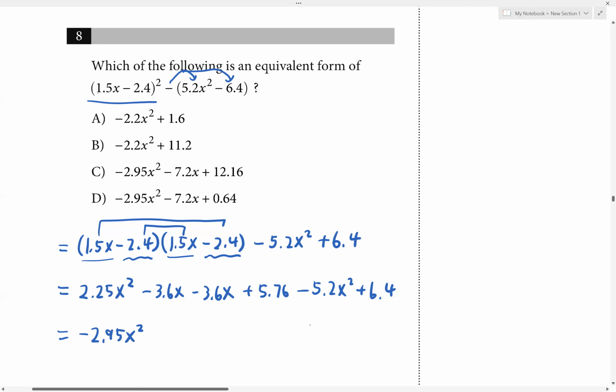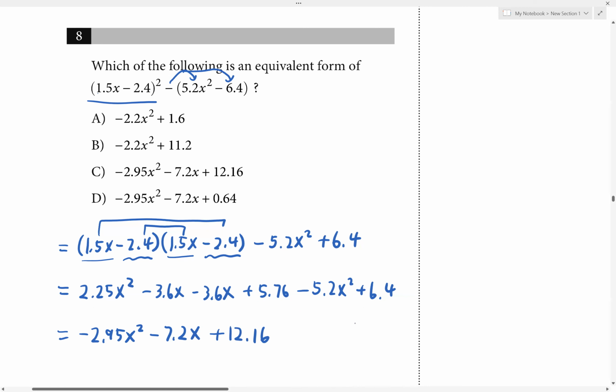That'll be the first term. And then for the x terms, we combine them, it will be negative 7.2x. And then the constants, we add them together, 5.76 plus 6.4, we get plus 12.16.